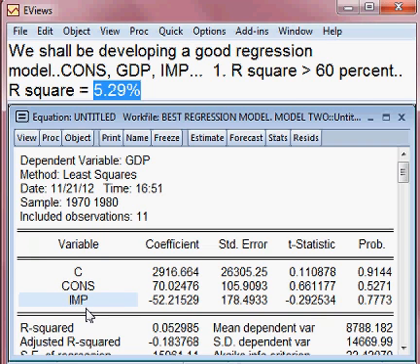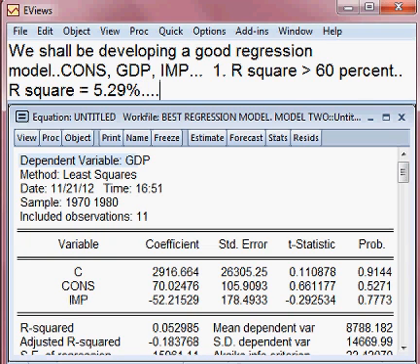In other words, consumption and import can influence only 5.29% of GDP, and the rest is how much? Total 100% variation in GDP minus 5.29% variation.